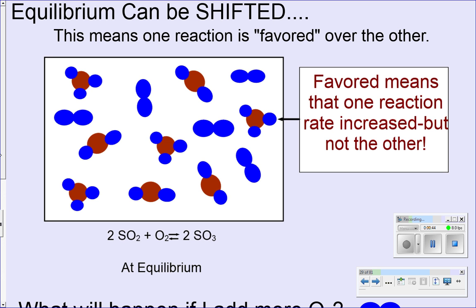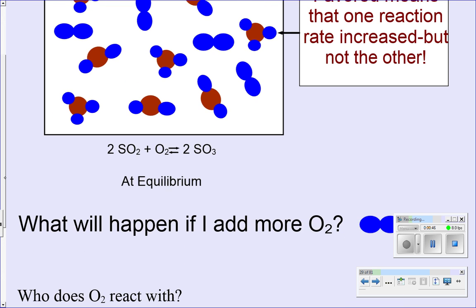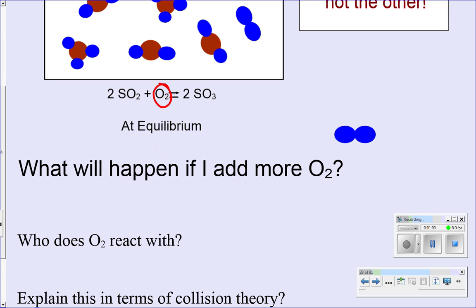So if we imagine this system at equilibrium that we've been talking about, if I were to add more O2 to this reaction, so O2 is right here, it's one of our reactants. If I add more O2 into my vessel up here, it's going to cause more collisions between SO2 and O2.